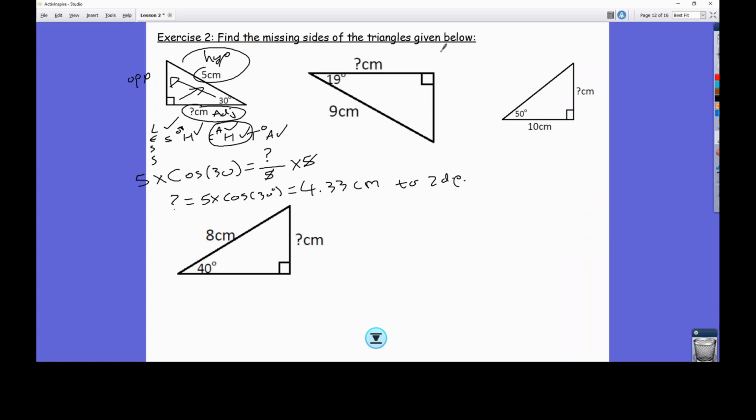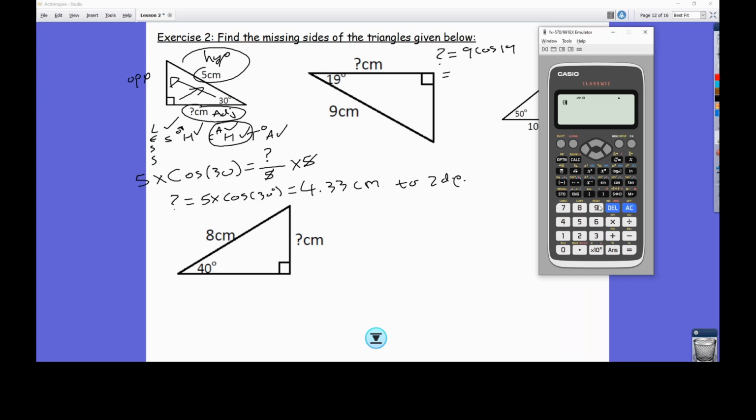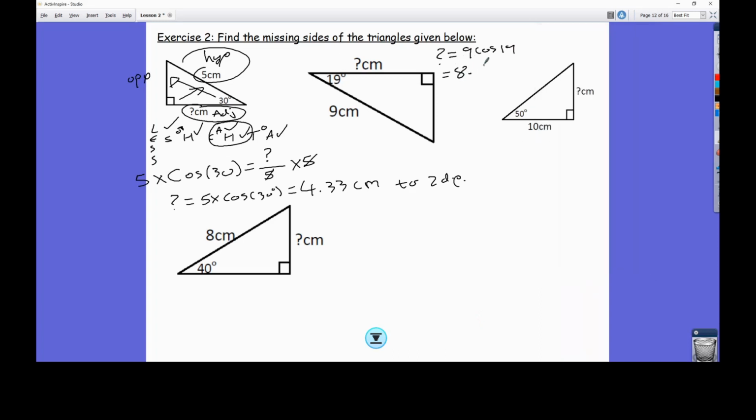Second one, we end up with 9 cos 19, cos, adjacent over hypotenuse. 9 cos 19, which is 8.51. This one I get 10 sine 50. Sine 50 is, no I don't, I get tan 50 is opposite over adjacent.